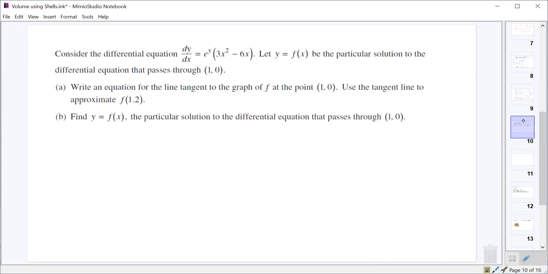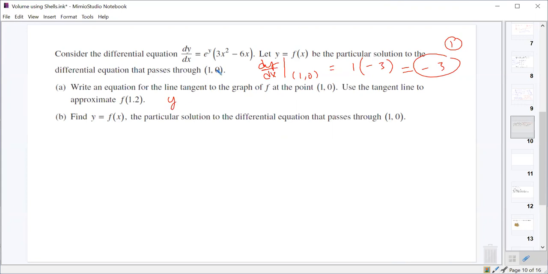Should be easy points. The point is (1, 0). So the slope at (1, 0) is 1 times, and then if we plug in 1 there, should get -3. Slope of -3. On this one, they gave you 1 point for that slope. Then they gave you 1 point for correctly writing the equation of the line.